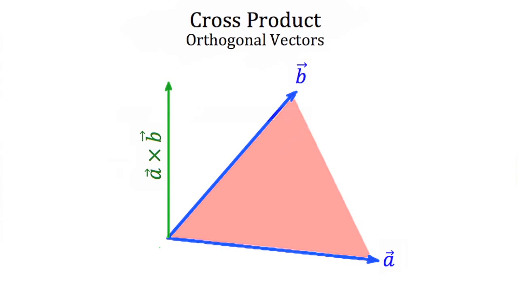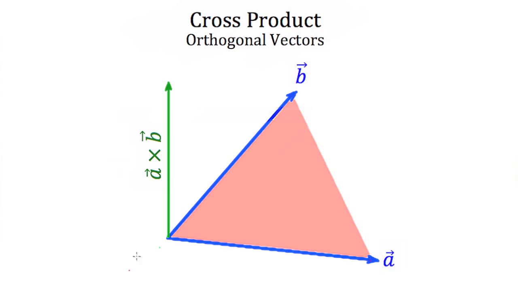Now when we find the cross product of two vectors, these two vectors, they create a plane. Here I have vector A and vector B. And if you can imagine, there is a plane of points between these two vectors. When you find the cross product of these two vectors, you're finding the vector that's perpendicular to this plane, or to both of these vectors.